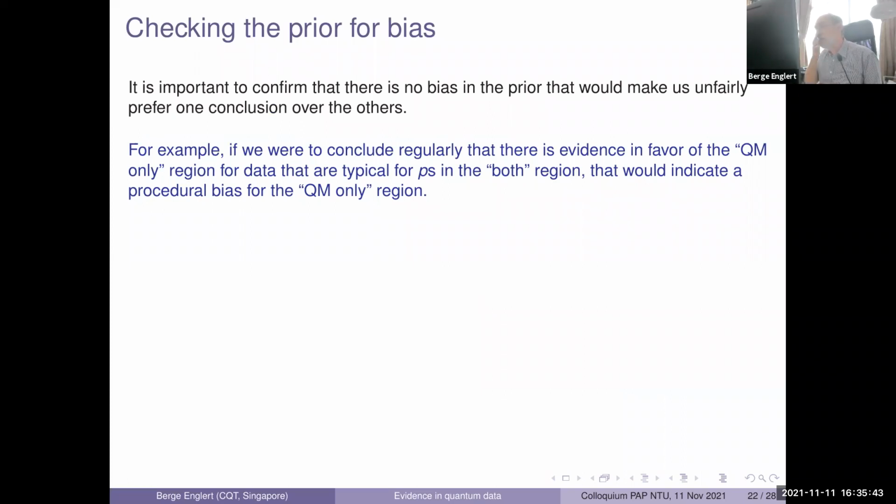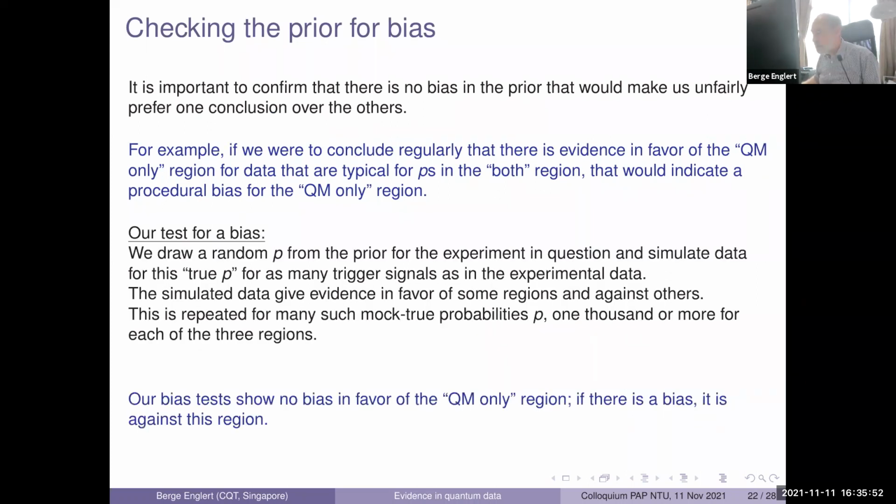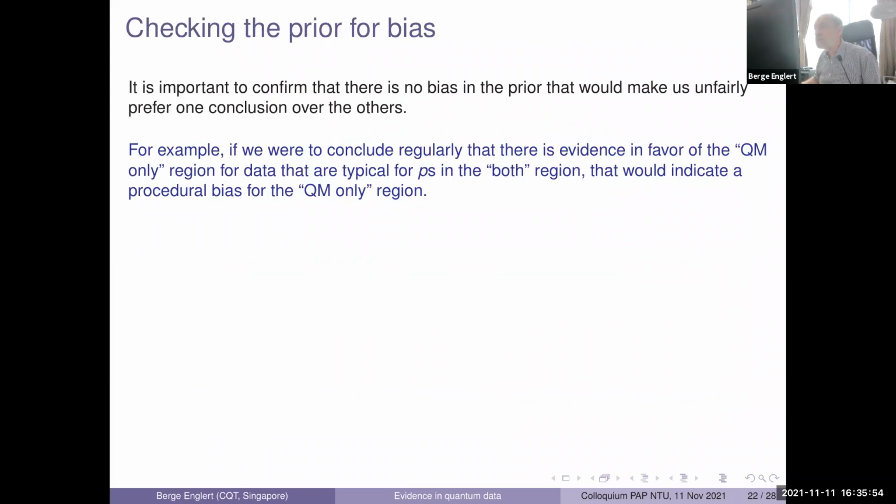So then we have to check the prior for bias. Let me come to this later. Let me just say that we will talk about the prior's confirmation, but we basically have to make sure that if we generate mock data from true probabilities in the quantum only region, then it should not do something fancy.